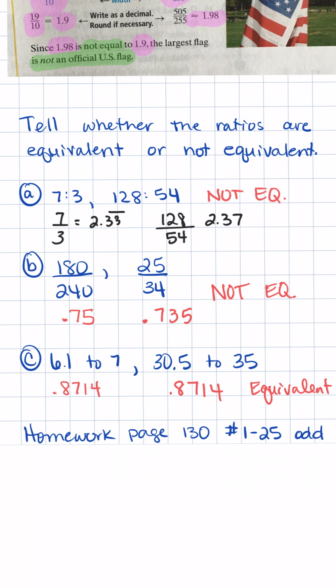So dividing them out is the easiest. You really could look and see that 7 times 5 equals 35. Does 6.1 times 5 equal 30.5? Yes. So that also is a way to tell that it's equivalent, but dividing them out is pretty easy.